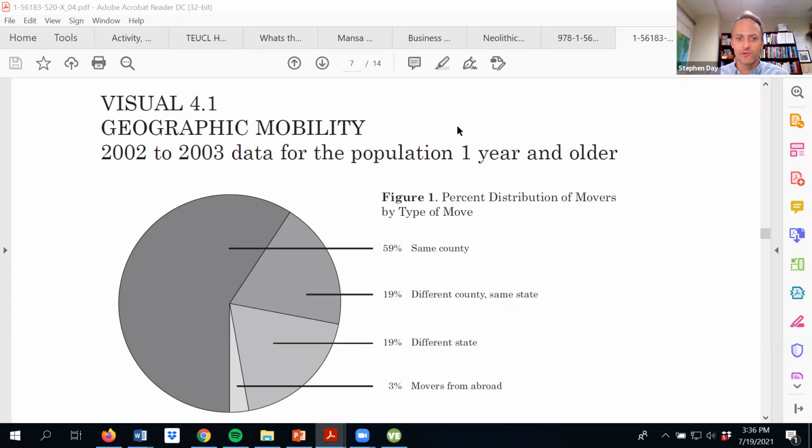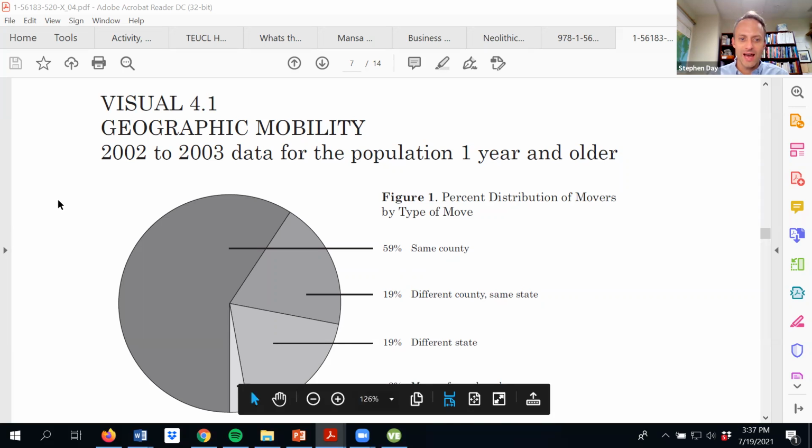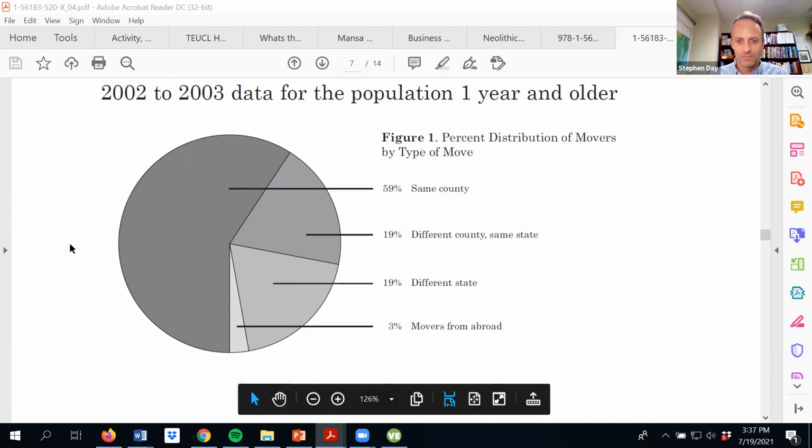What's the tie for the next two? Different county, same state, and different state. All right, so which kind is probably the state next over? Oh yeah. One state over. Maybe so. Different county, same state could be moving for college, like somebody said a minute ago. So maybe that's one of the reasons. And notice that moving from abroad is not nearly as common. It's 3%, which I think is to be expected, right?